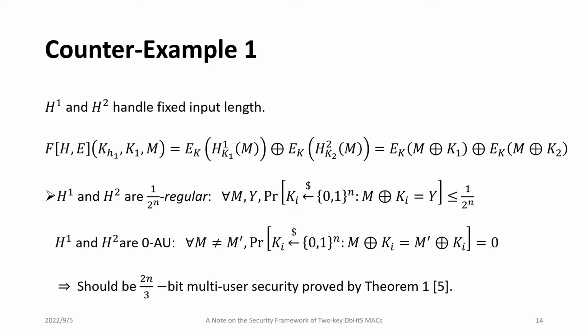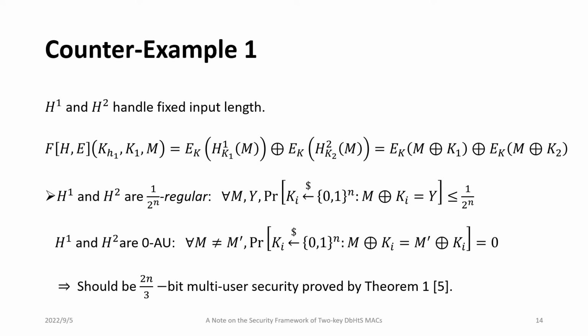And for any two different messages m and m prime, when the hash key is chosen uniformly and randomly from n-bit space, the probability of the collision of the hash function hi with input m and m prime, that is to say, m XOR ki equals m prime XOR ki, is equal to 0.